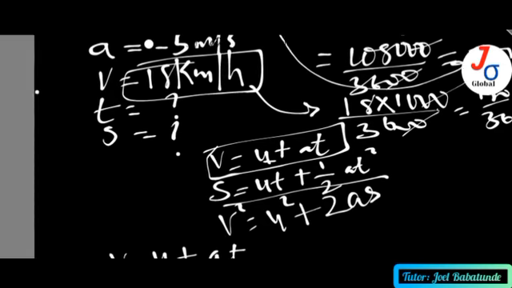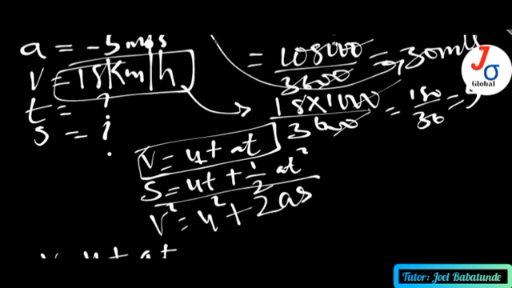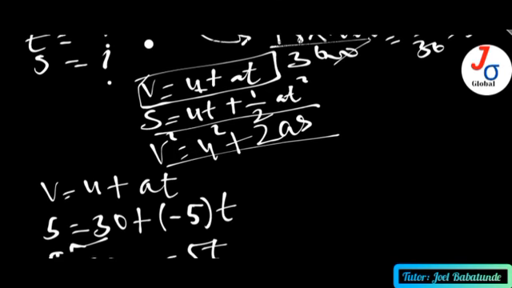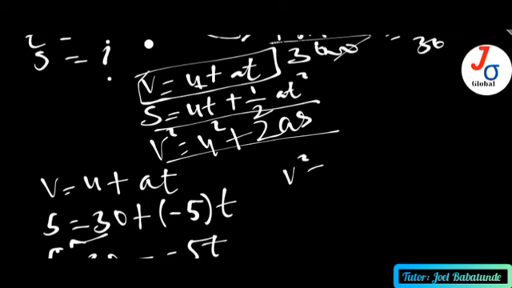Let's use this because we have v and we have u and we have a and we're looking for s. So we're using v squared equals u squared plus 2as.